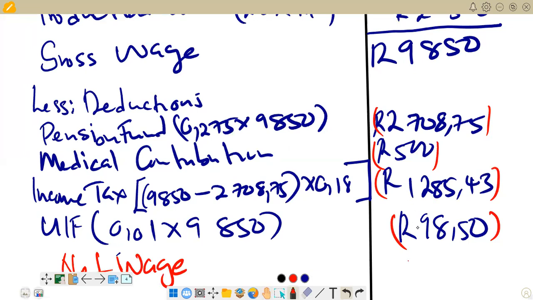The answer that you're supposed to get there is 5,257.32 cents. So 5,257.32 is our net wage. This is our net wage.